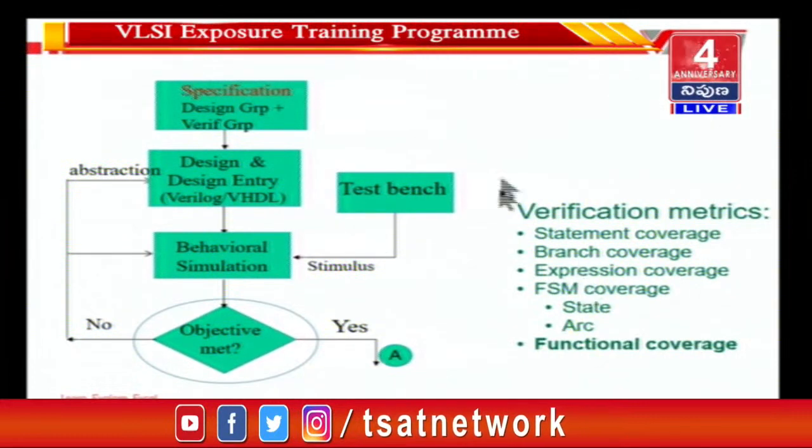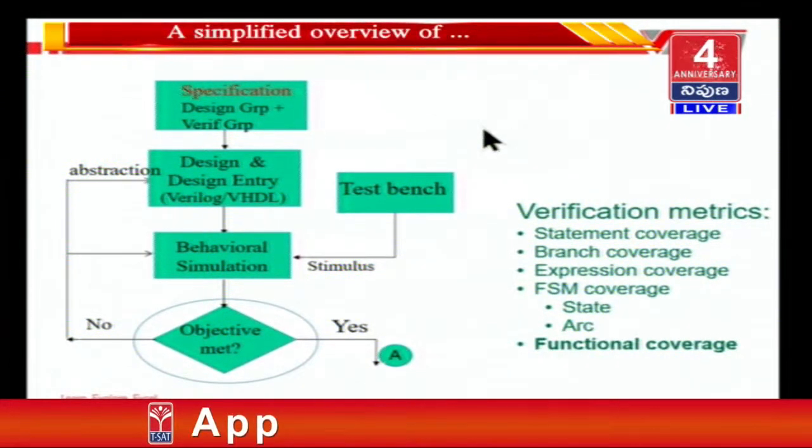FSM coverage. What is FSM? Finite state machine. You may have a finite state machine inside your design and you may have several states. Now, are the stimulus inputs extensive enough to cause all the states of your state machine to get covered? S1, S2, S3, S4, S5, S7, all these states might be there.